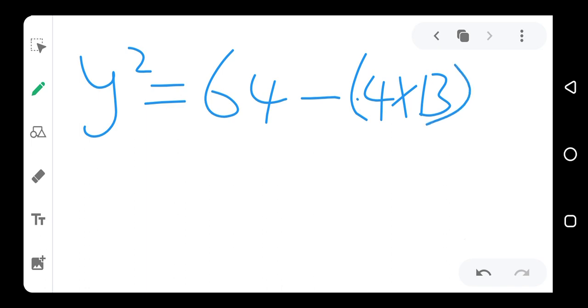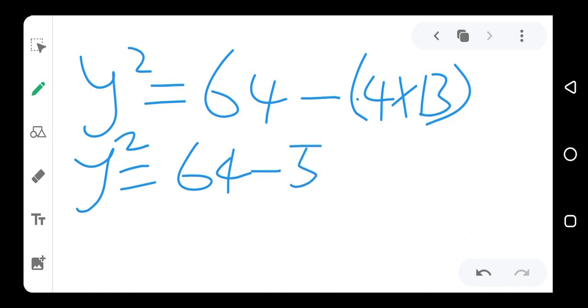So this is now going to give us that y squared is equal to 64 minus 52, right? 13 by 2 is equal to 26 plus 26, 52, all right.